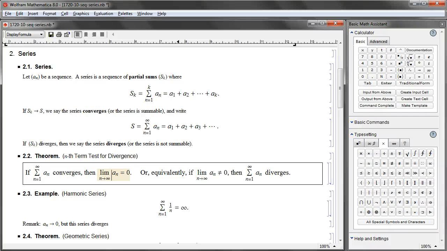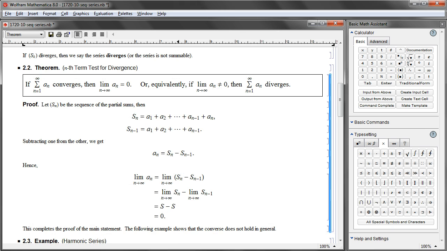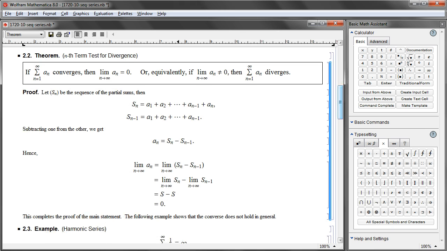So if the limit of the general term is not 0, then the series does not converge. So that's the contrapositive. Switch the if and then parts, and then change true-false values. That's equivalent. And the proof of the original statement goes like this.